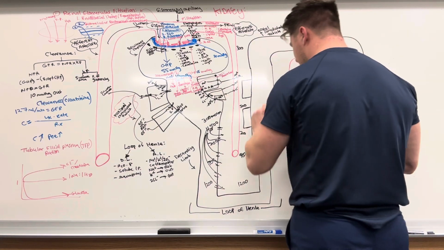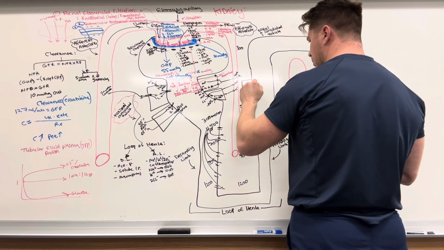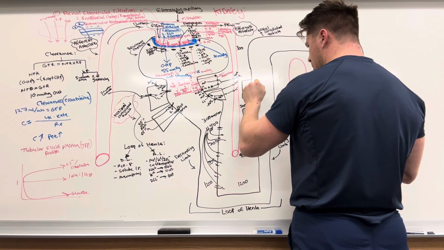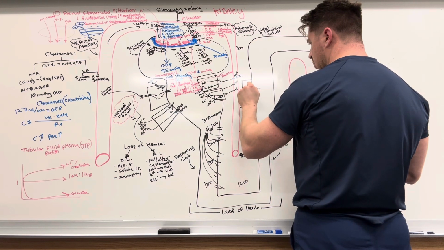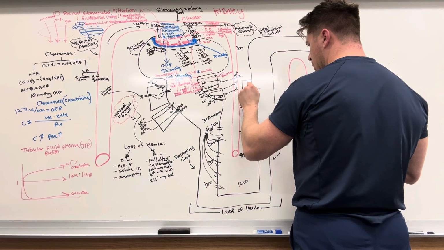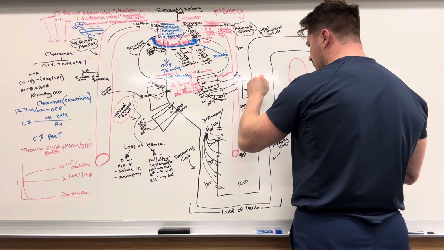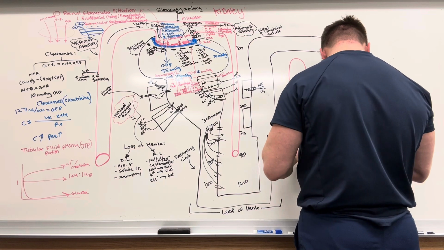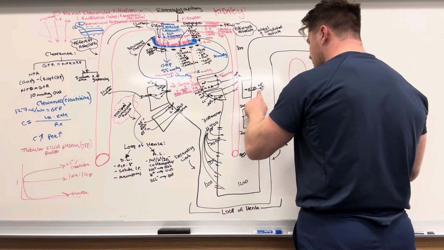So what ends up happening is we have all this secretion that occurs up here. We have a really important ion carrier here. This is called the Na+ K+ 2Cl- carrier.